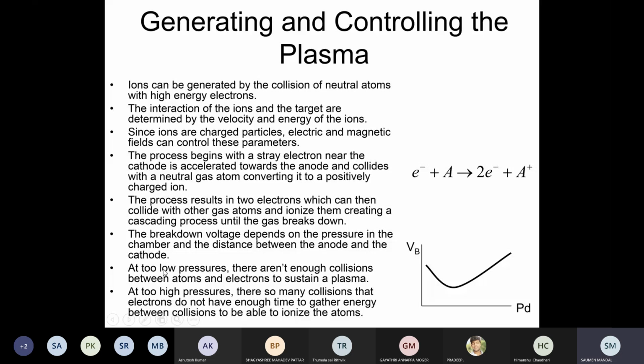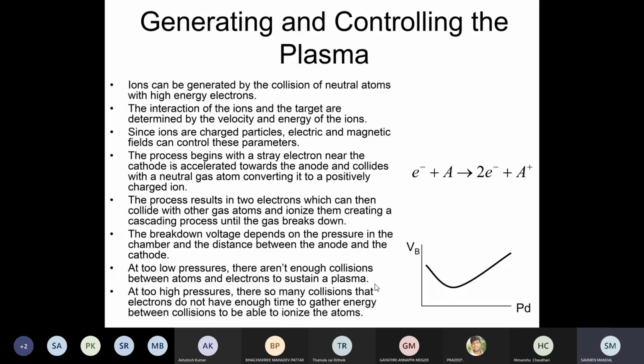At very low pressure, there are not enough collisions between atoms and electrons to sustain a plasma. Just remember, in physical vapor deposition we went for a very high vacuum, and in that case the mean free path increases like anything. But we don't want that in this case.